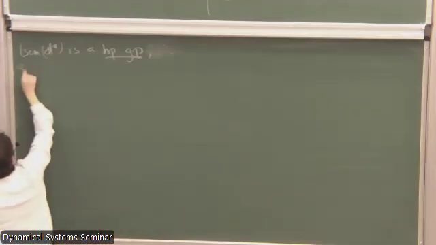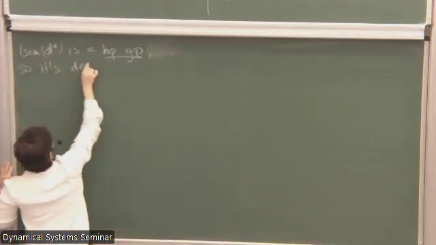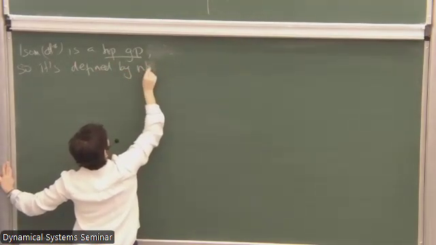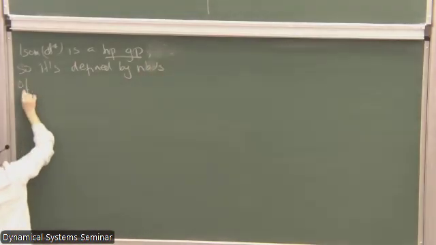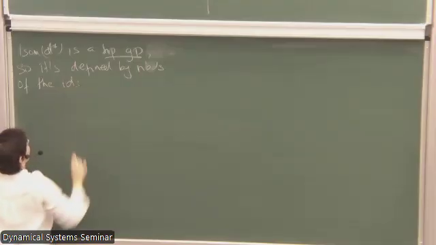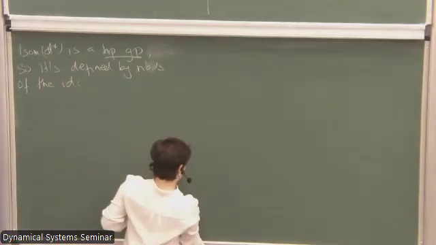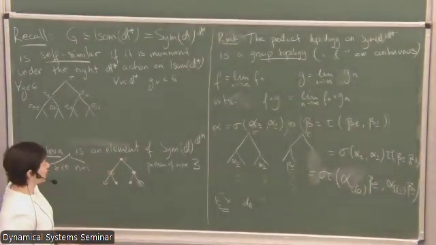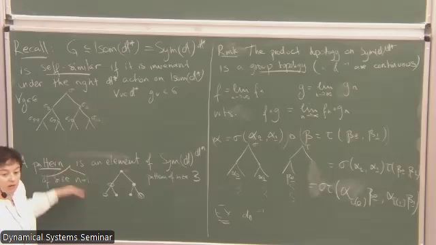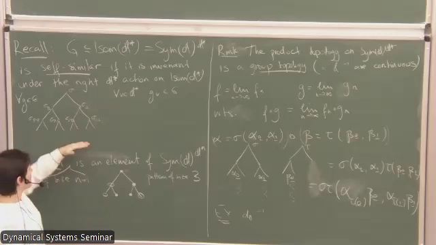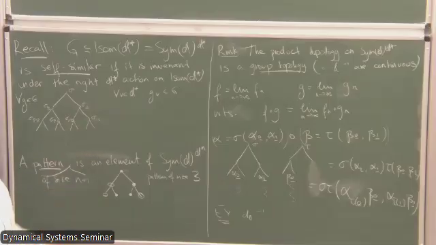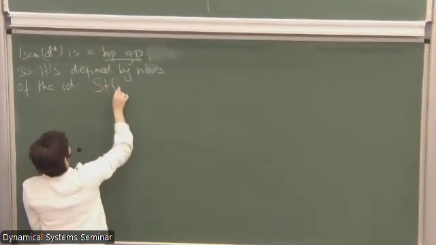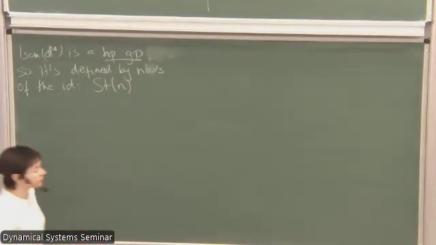And what are the neighborhoods of the identity? Well, the identity is the thing with the completely empty or trivial portrait. So they are the things that don't do anything up to level n. These are what I called the nth level stabilizers.